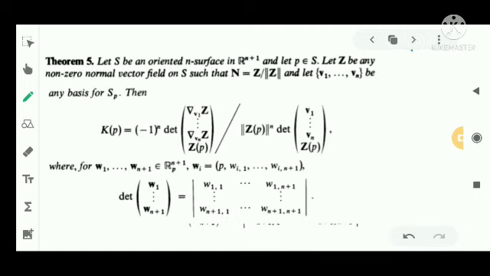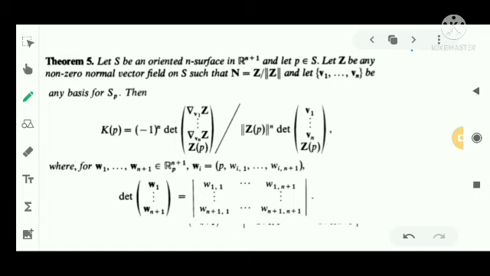Now we have an important theorem. Let S be an oriented n-surface in R^(n+1), and let P belong to S. Let Z be any non-zero normal vector field on S such that N = Z/||Z||. Let the set v1, v2, ..., vn be any basis for the tangent space S_P.